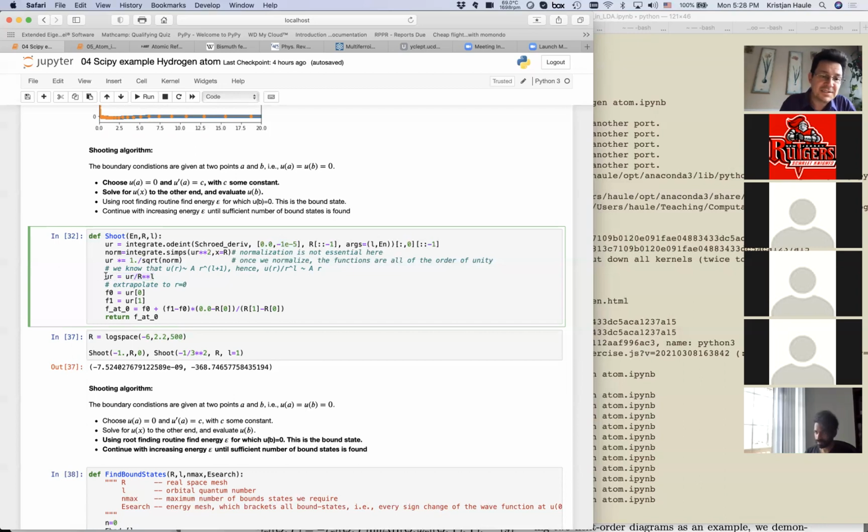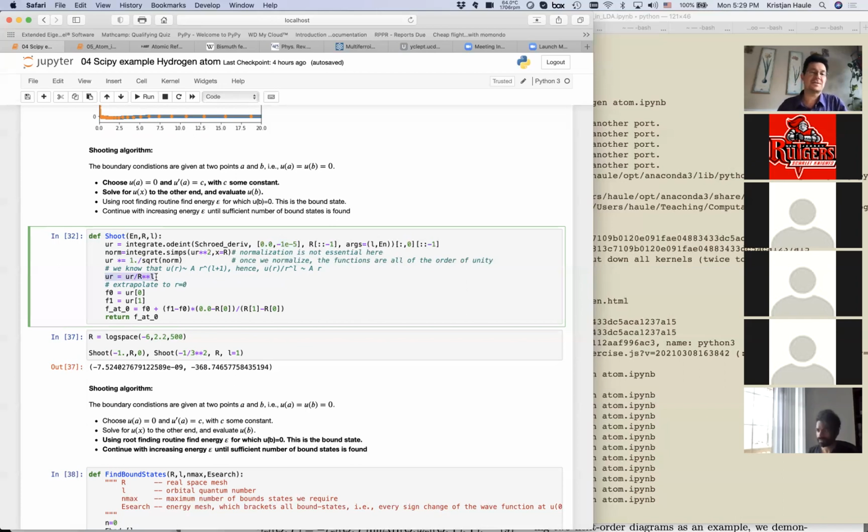Even if you don't do this step here, if you don't divide by r to the power of l, you will still get a reasonable approximation. The problem is that if the function at small r is actually a quadratic function and you're using linear extrapolation, that is not going to be as precise as you can get, okay? So if you know from theory that the function is linear, then use linear extrapolation. If you know the function is quadratic, take quadratic extrapolation.